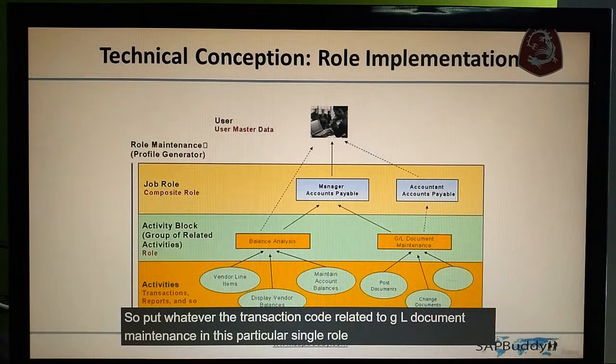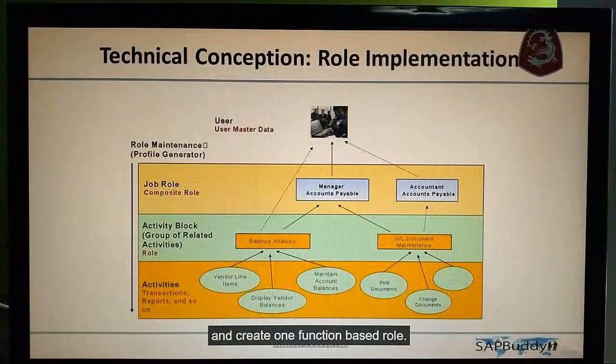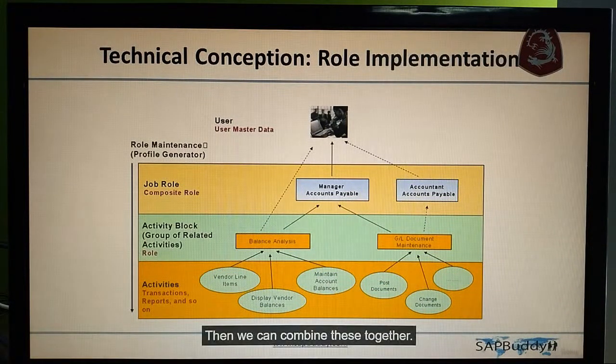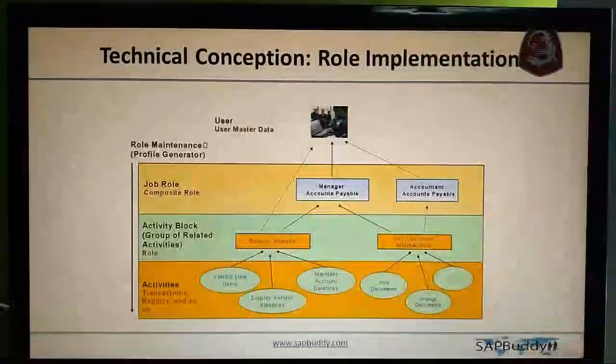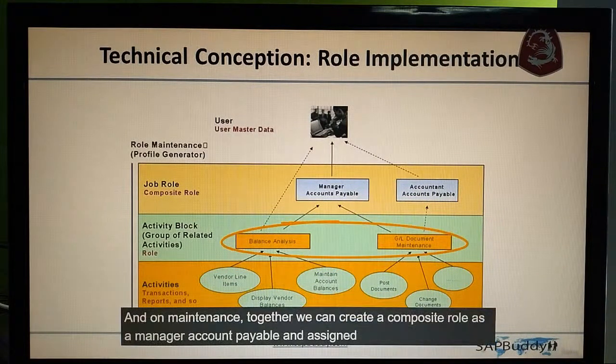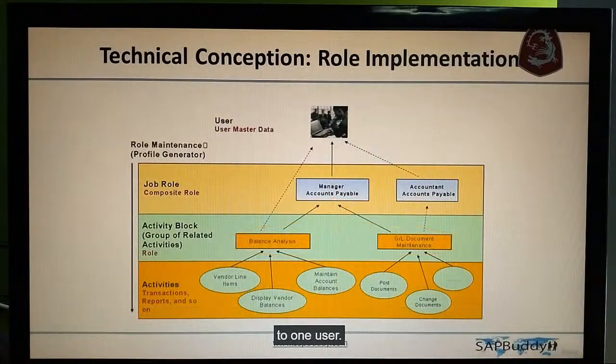So put whatever transaction codes are related to GL document maintenance in this particular single role and create one small function-based role. Then we can combine these together and give them to one job role. For example, balance analysis and GL account maintenance together, we can create a composite role as a manager accounts payable and assign it to one user.